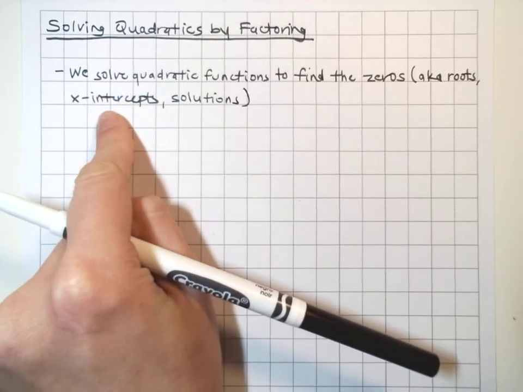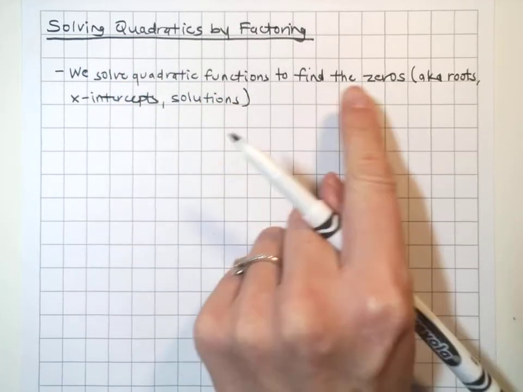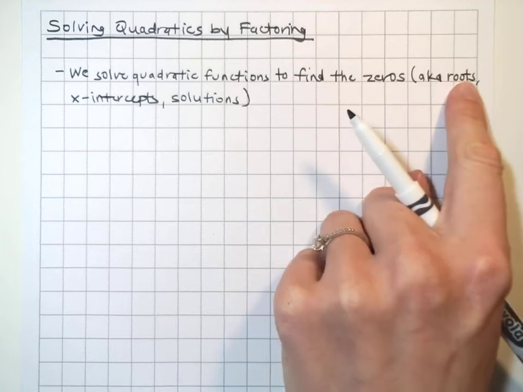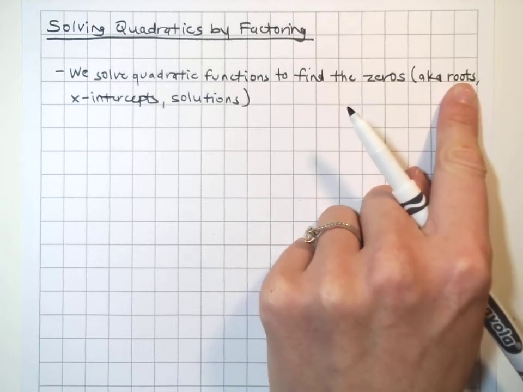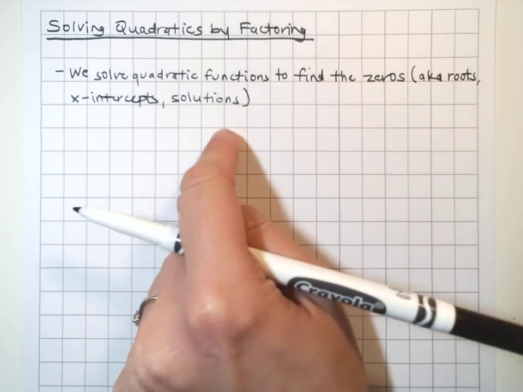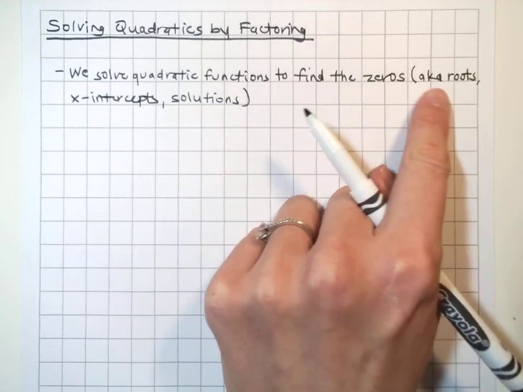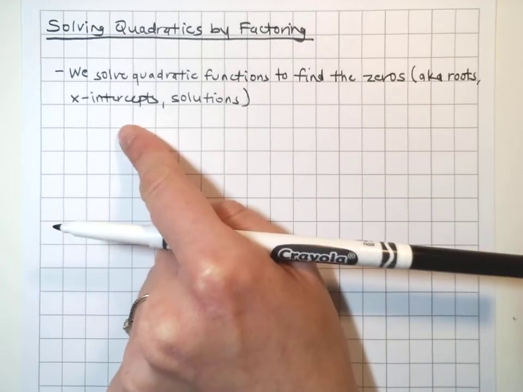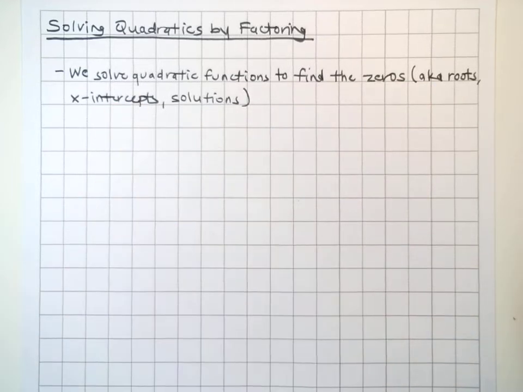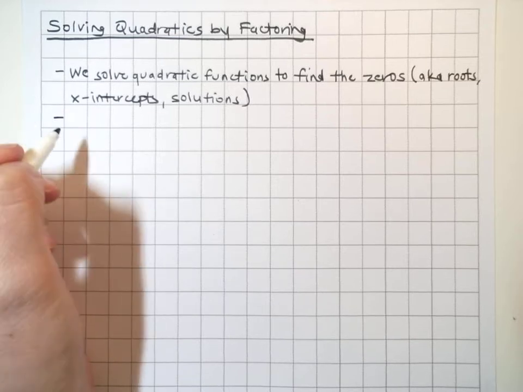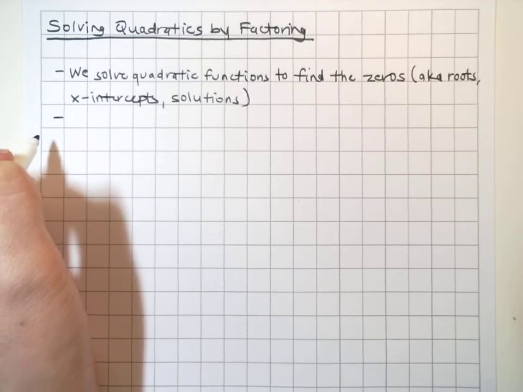So if they say find the X-intercepts, that's the same thing as solutions, roots, and zeros. Or if they say the roots, so in a test question, they could use any one of those four terms, and that's what they mean. They mean the X-intercepts.